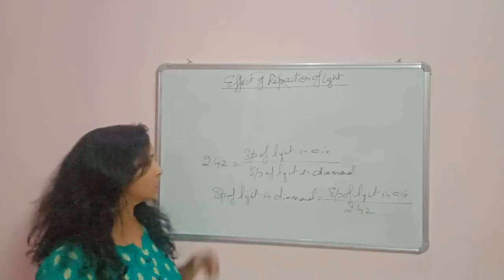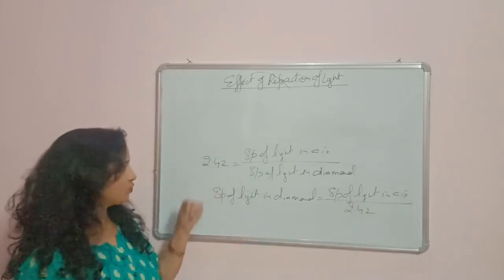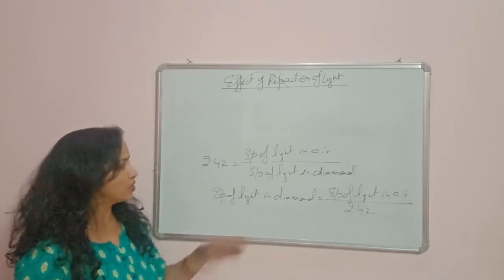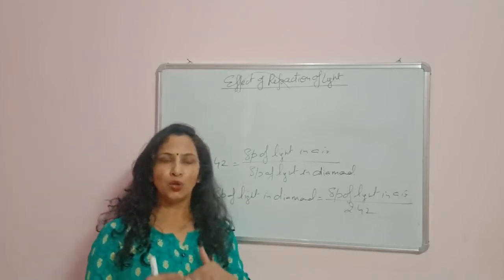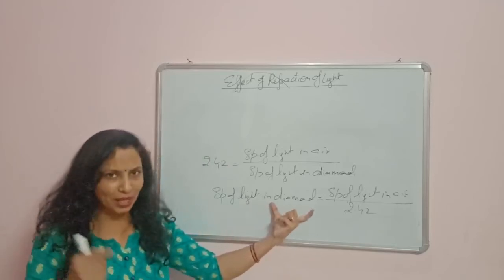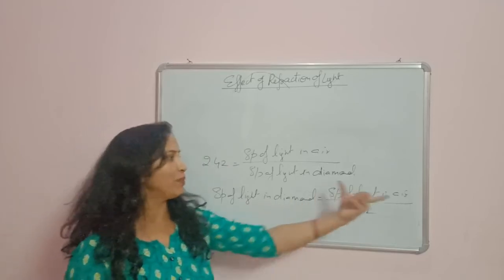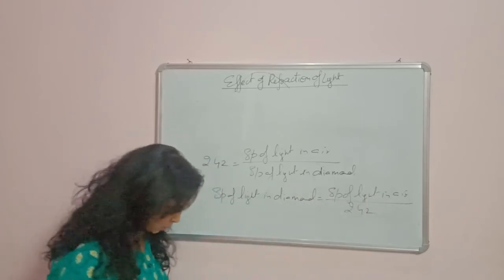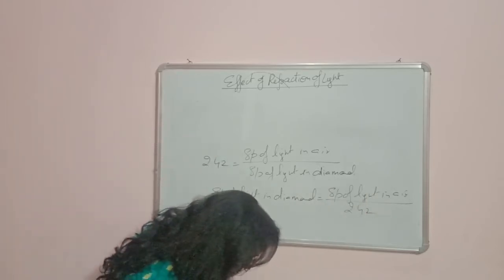So we can explain this in two forms. First, this is the ratio, or second, we can find how many times the speed of light in diamond is compared to air. So this is a question from the NCERT book.